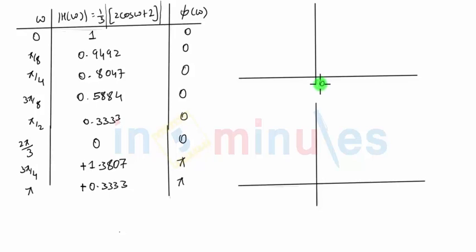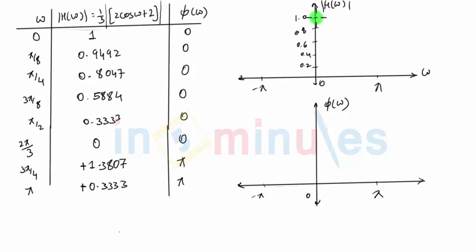Ideally we should plot them from minus pi to plus pi, but we will only plot them for 0 to pi because the other side is something you can easily make out. We'll see how. So you can see once I plot mod H of omega, at omega equal to 0 the value will start from 1, and this is my pi somewhere at 2 pi by 3.